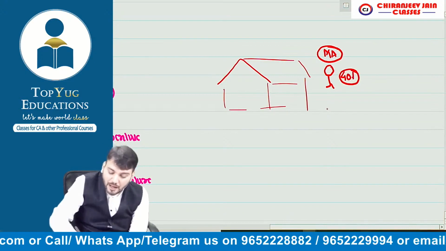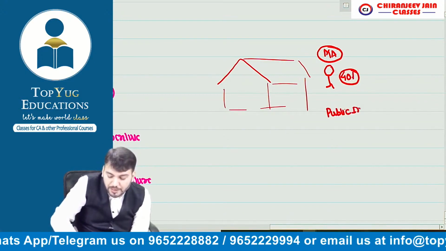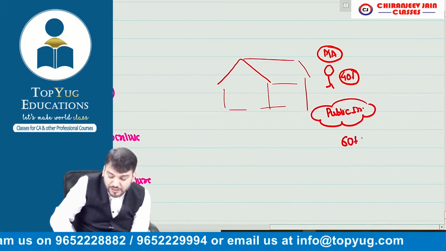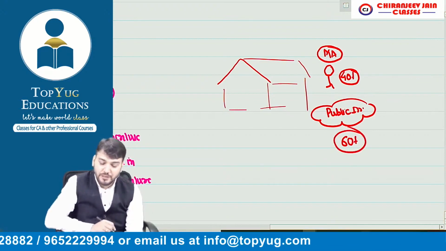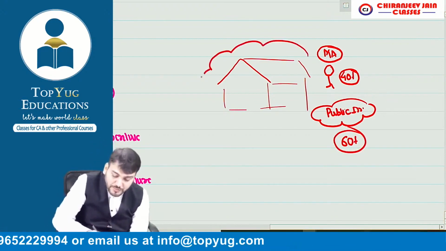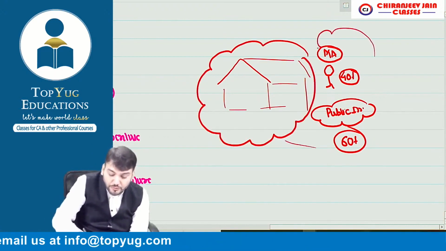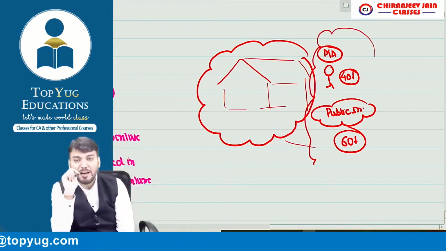Now he has done a public issue, and from the public there are 60% shareholders. Now the question arises whether the company can buy back shares from the public. When I am saying company, it means Mukesh Ambani wants to buy.